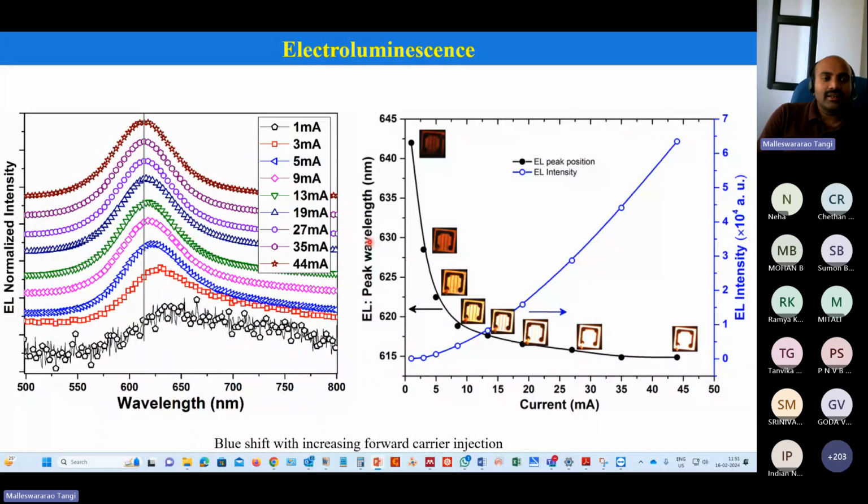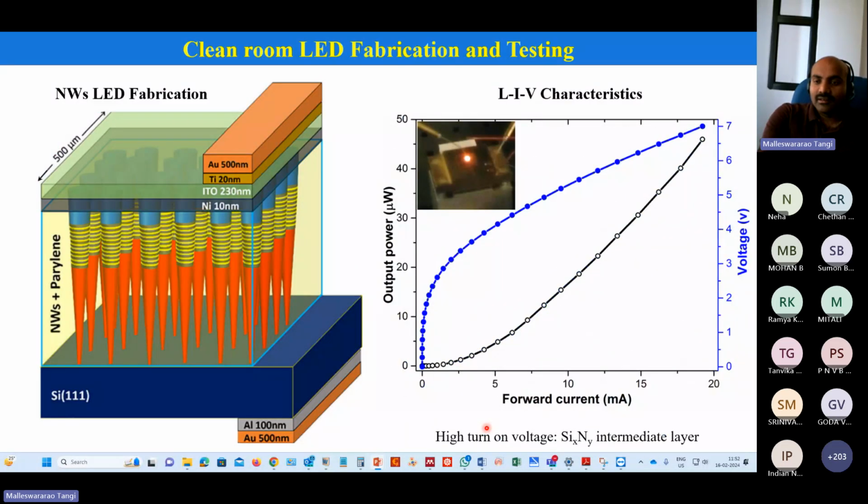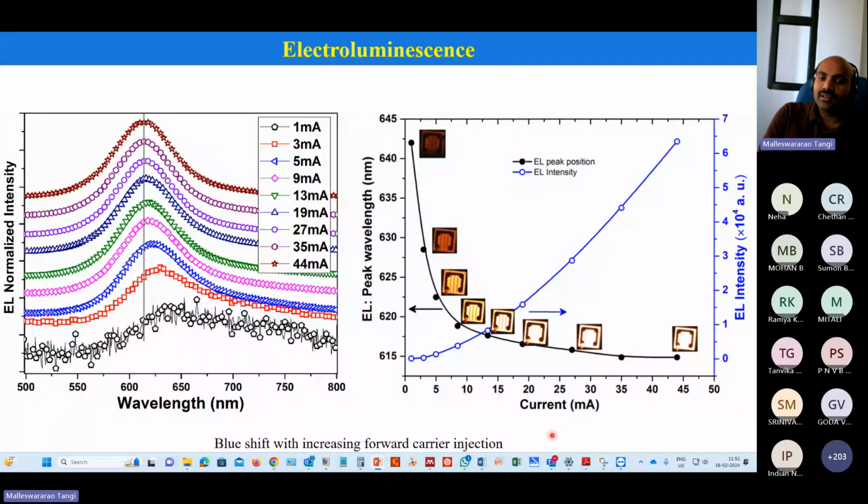With increasing current, we have a slight blue shift in the emission that we will discuss in upcoming slides. Also with increasing current, as seen here, output power increases. Similarly, with increasing current, EL peak intensity increases. Also, this peak has a slight blue shift with increasing carrier injection.